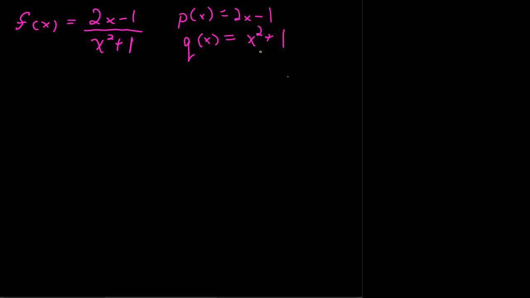This is also a polynomial. So this is a rational function, and so it will have asymptotic behavior. There will be things in this that we need to look for.